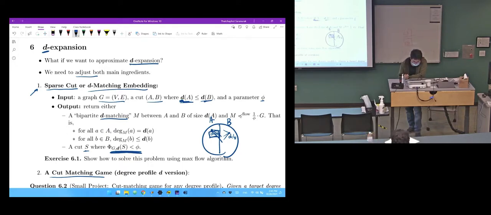So can you tell me your guess on how to solve this subroutine?